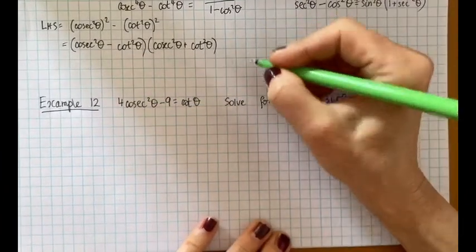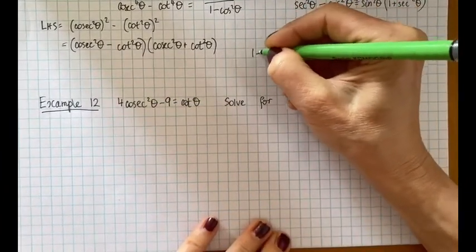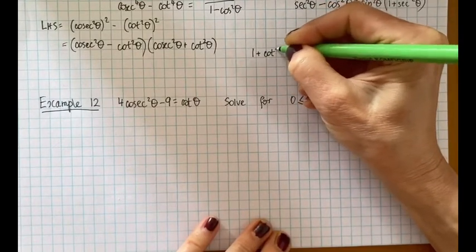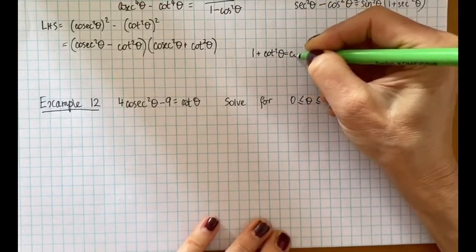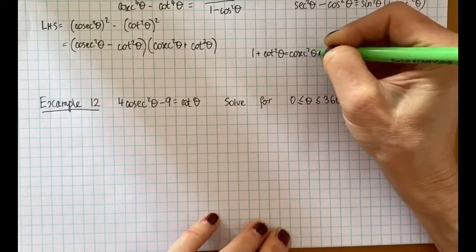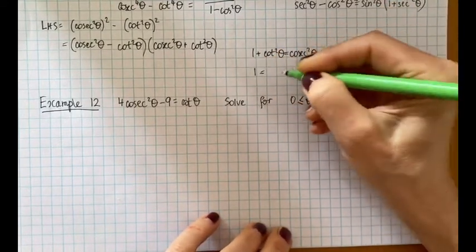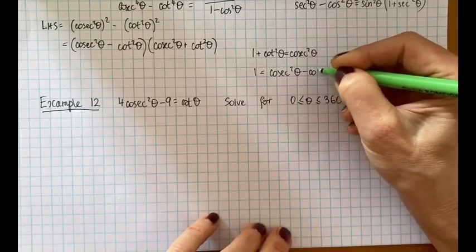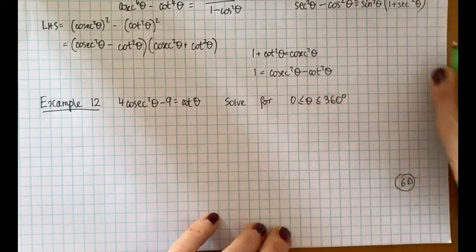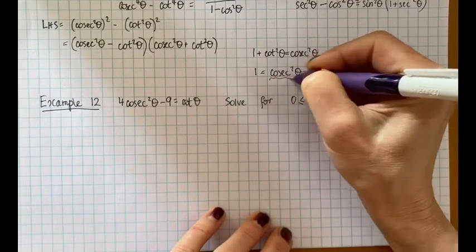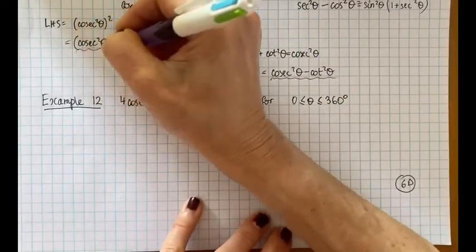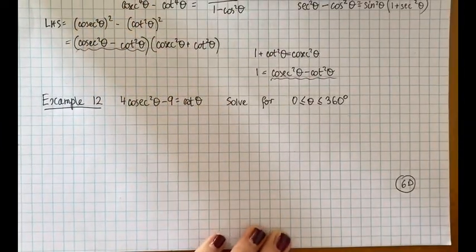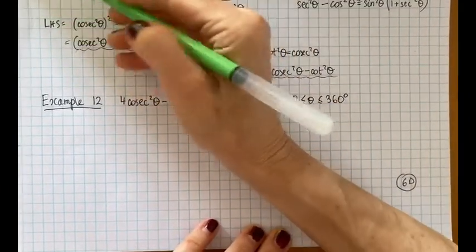So remind yourself of this identity: 1 plus cot squared theta is equal to cosec squared theta. That gives me 1 is equal to cosec squared theta minus cot squared theta. And luckily I can see that I have got that bracket, so this is equal to 1.